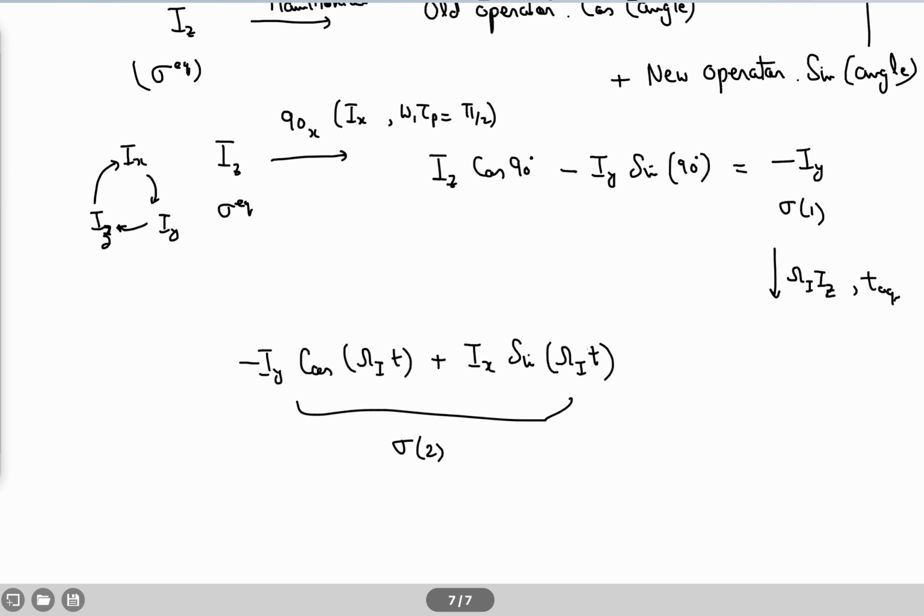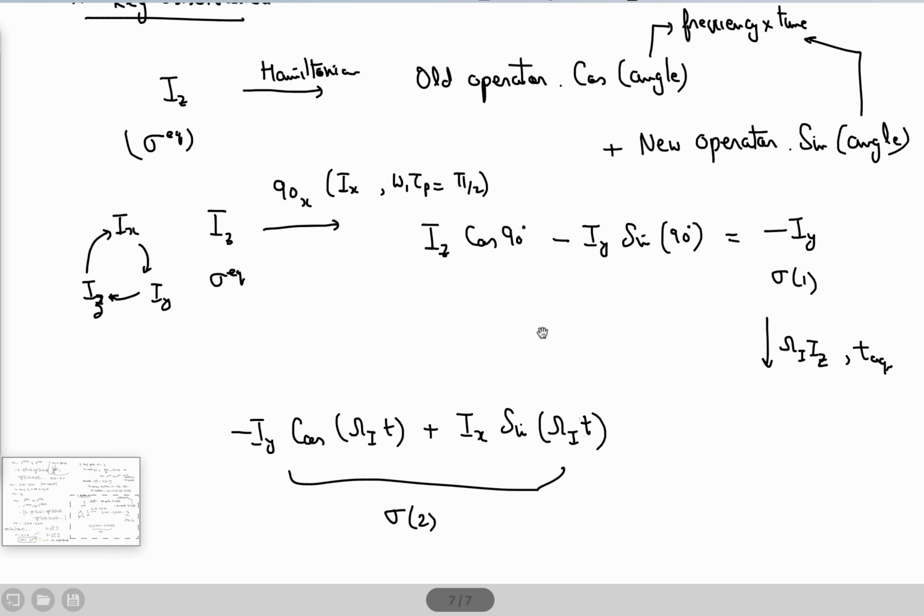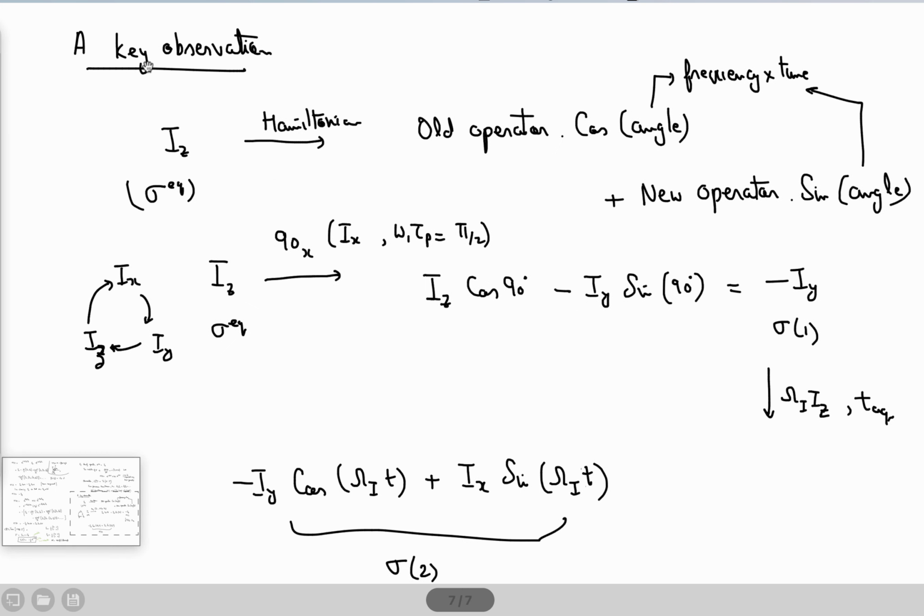The whole problem became very simple once you identify that any given operator upon any kind of perturbation can be thought of as old operator into cosine of that angle plus new operator into sine of that angle. Once you understand this, you can actually carry out any perturbation in NMR.